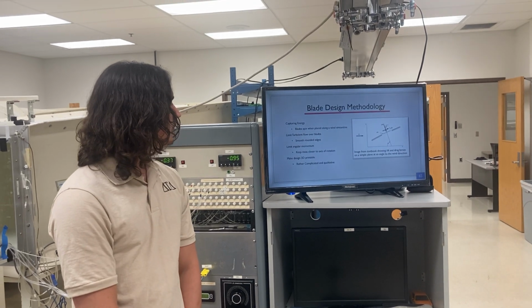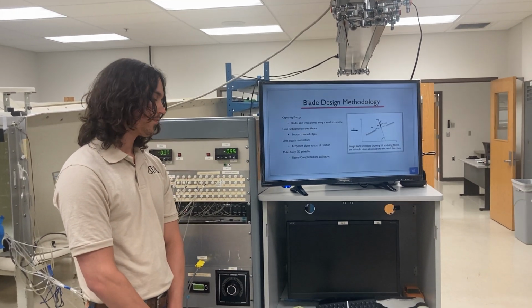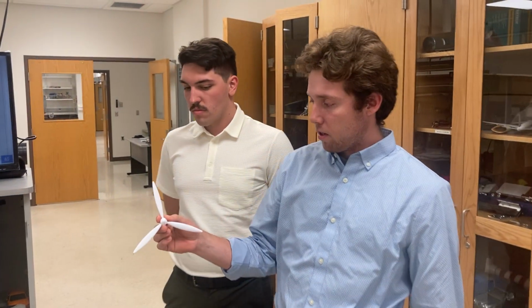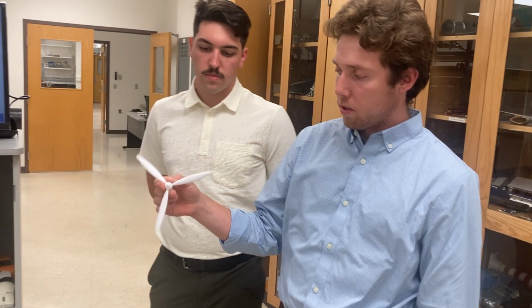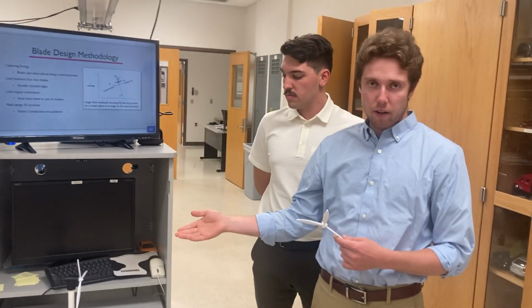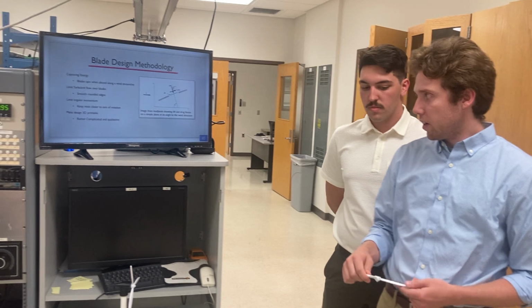So for some of the blade design methodology, the key concept here was making these blades able to capture the energy from the wind and convert it to a rotational energy, which would then be used with a DC motor acting as a generator to make electrical energy.